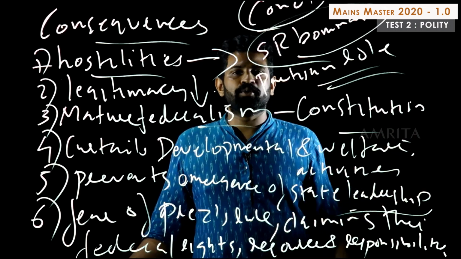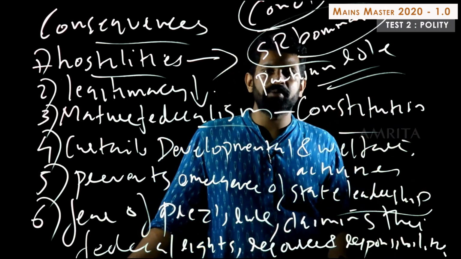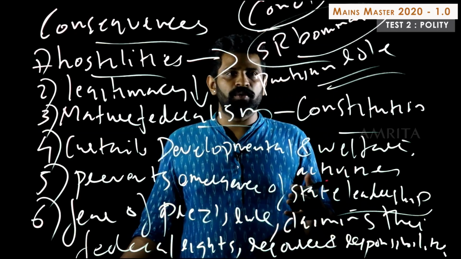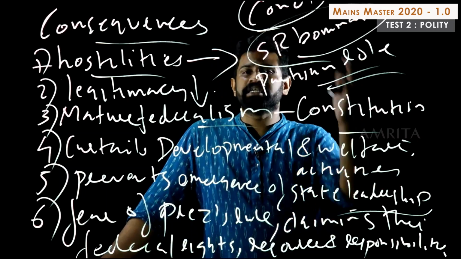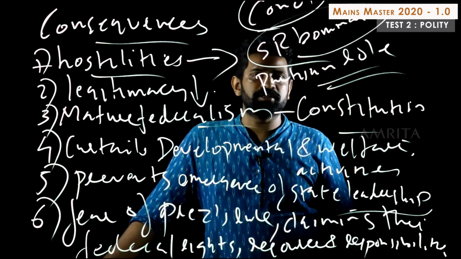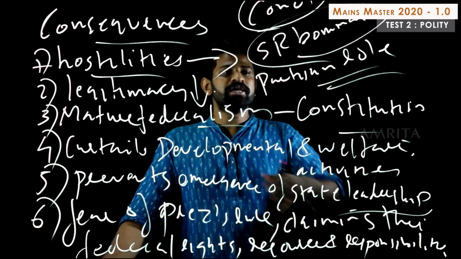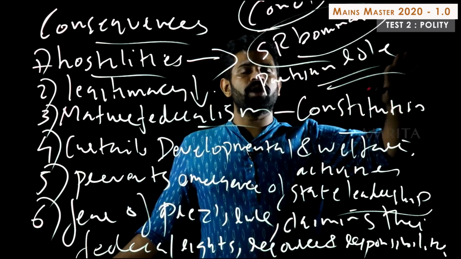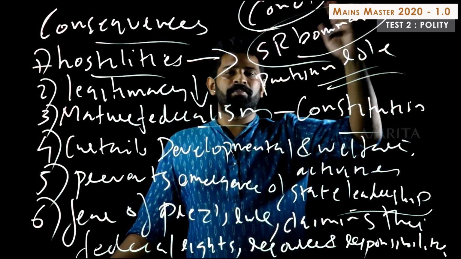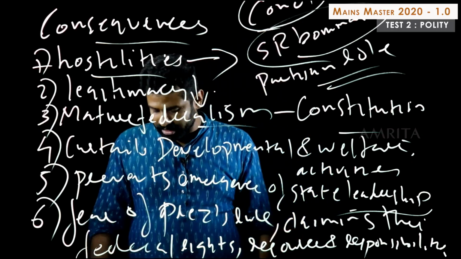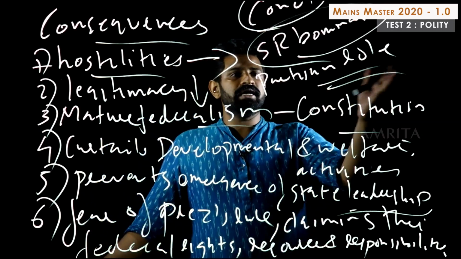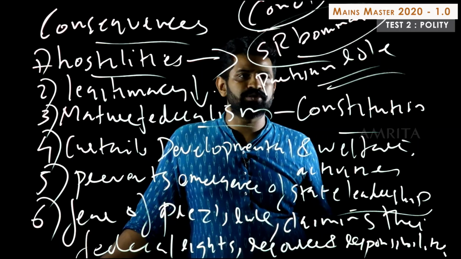They wanted objective criteria put in place. They don't want to give that post to current politicians and things like that. So you could mention that the partisan role of governors has to be ended by implementing the recommendations of the Punchhi Commission. I think that should be enough as the solution.